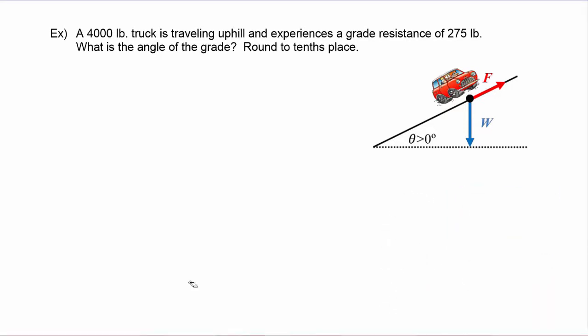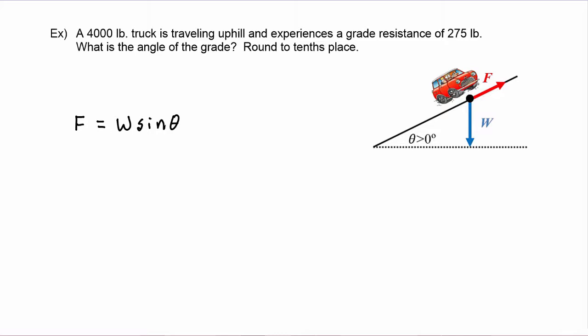Now we should start by writing down the grade resistance force equation, which is F is equal to W sine theta. And then let's go looking for which variables we have information on and what we have to find.